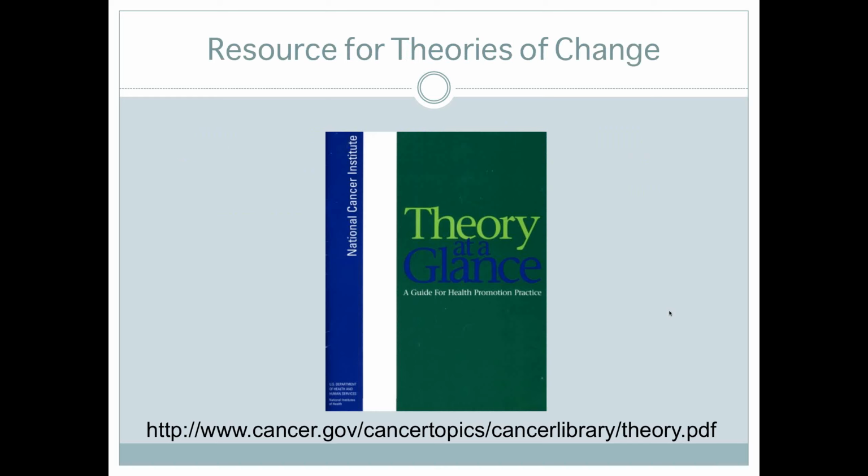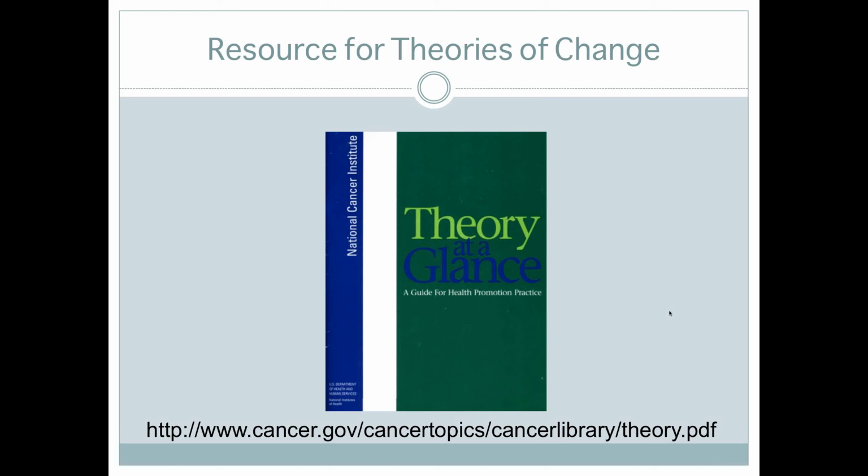And I had mentioned to you that the theories that I've covered are the major theories used across the three different levels, but there are many more theories of change that have been used in behavioral and social sciences research.